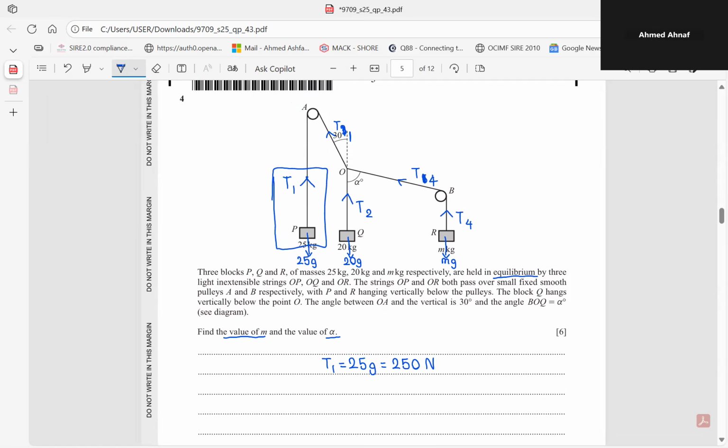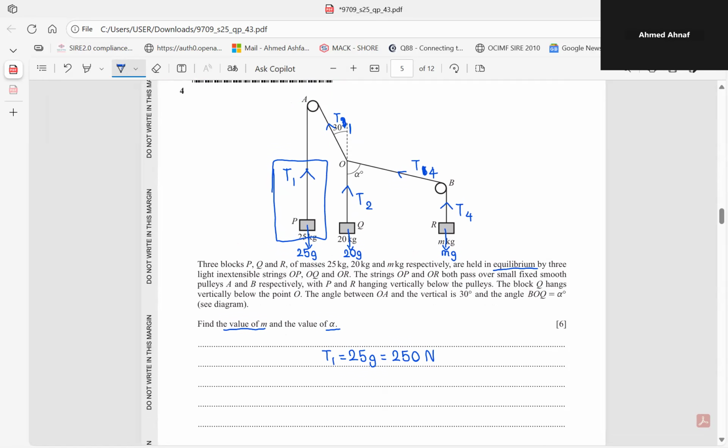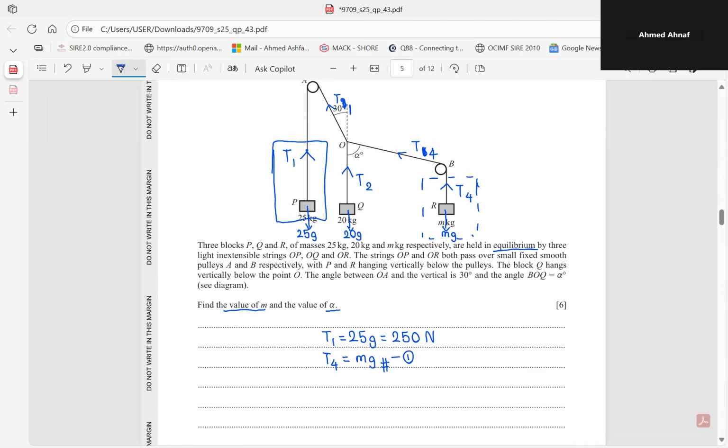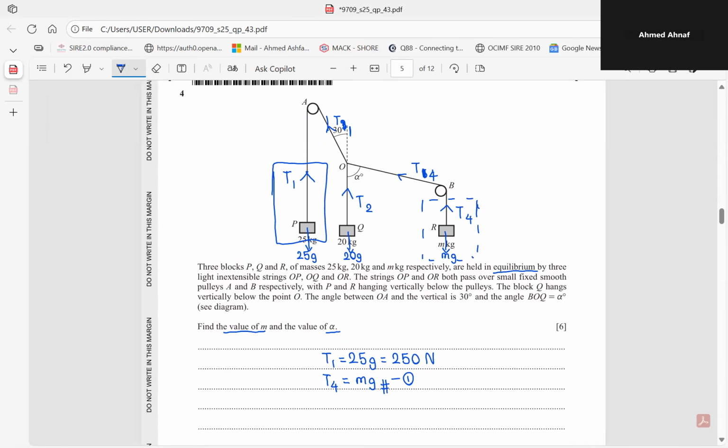Now let's consider T4, so let's consider R. R is T4 equals mg. Let this be equation 1. Now we're going to consider Q. This is going to be the most complex.